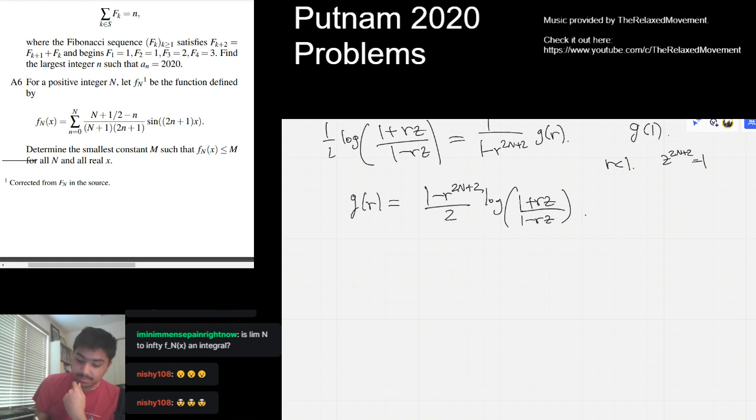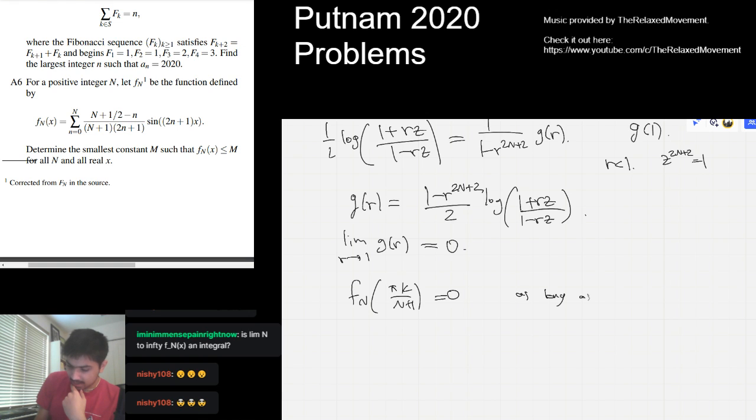So I think this implies that the limit is equal to 0. If I'm not mistaken, what this shows is that f_n at essentially pi k over n plus 1, as long as k is not equal to 0, n plus 1, or n plus 1 over 2. Otherwise the log thing breaks.